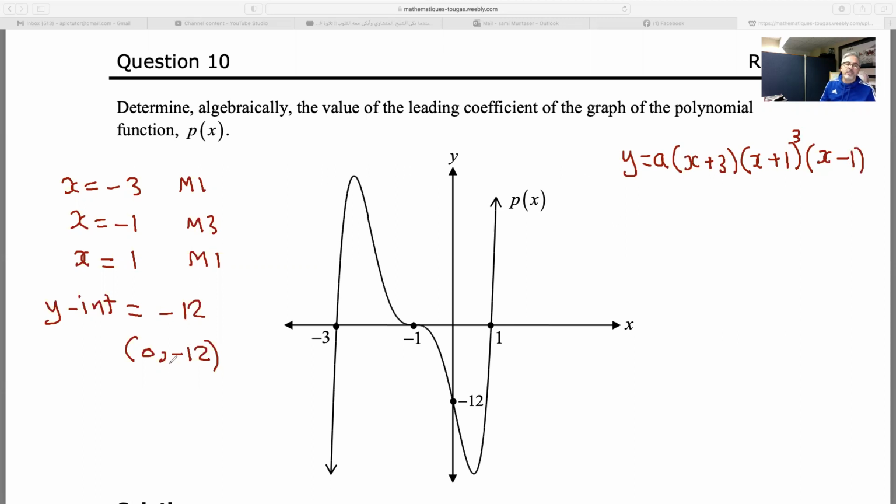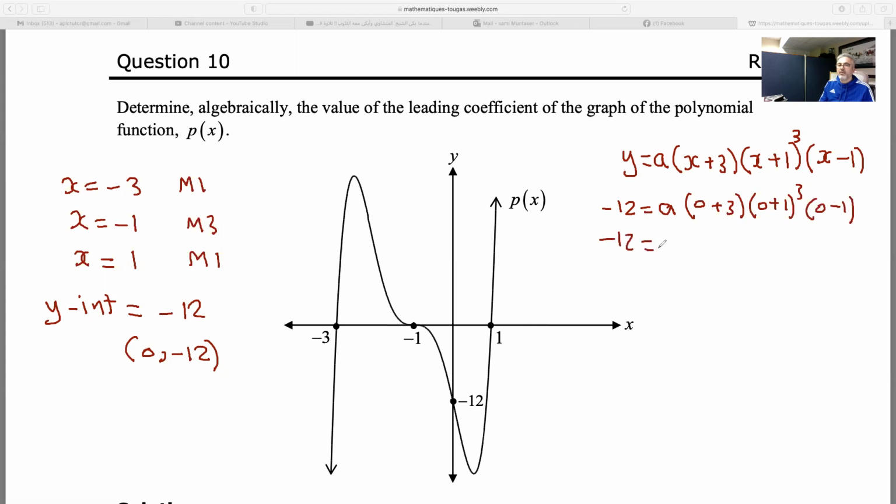Now I'm going to use this point 0 and negative 12 to solve for a. So negative 12 equals a, sub 0 for the x, because that's the x coordinate: 0 plus 3, 0 plus 1 cubed, 0 minus 1.